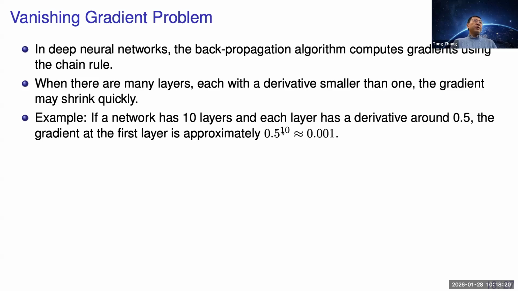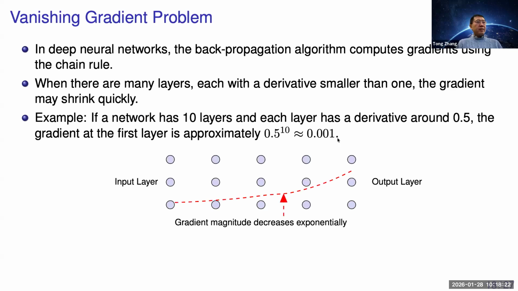This is the output, this is the input, and the gradient is reduced by a factor of 2 each time, so you gradually reduce it. When you do the optimization, this one is okay to optimize, but this one will be challenging if you use SGD. So this causes a problem.